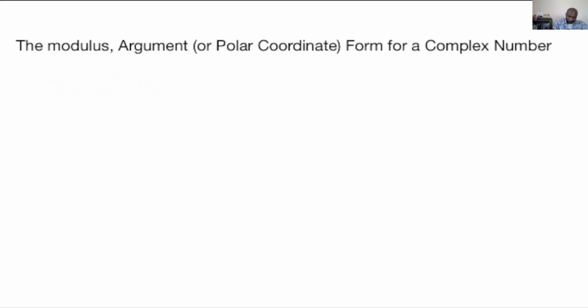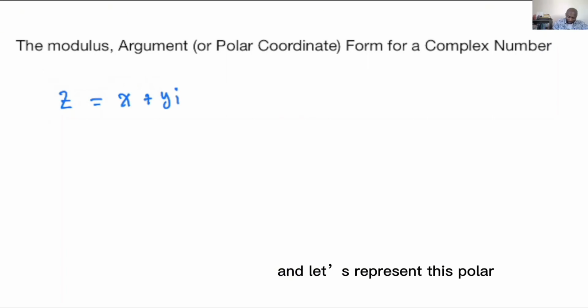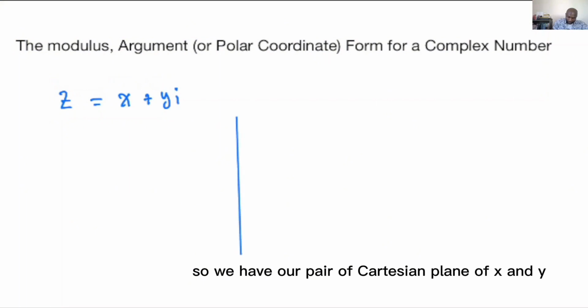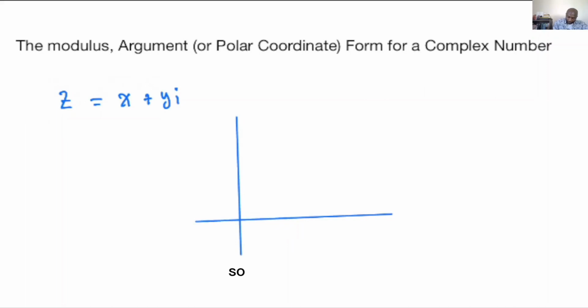Let's say z equals x plus iy, and let's represent the complex number in an Argand diagram. So we have our Cartesian plane of x and y axes. This is the x-axis and that is the y-axis.